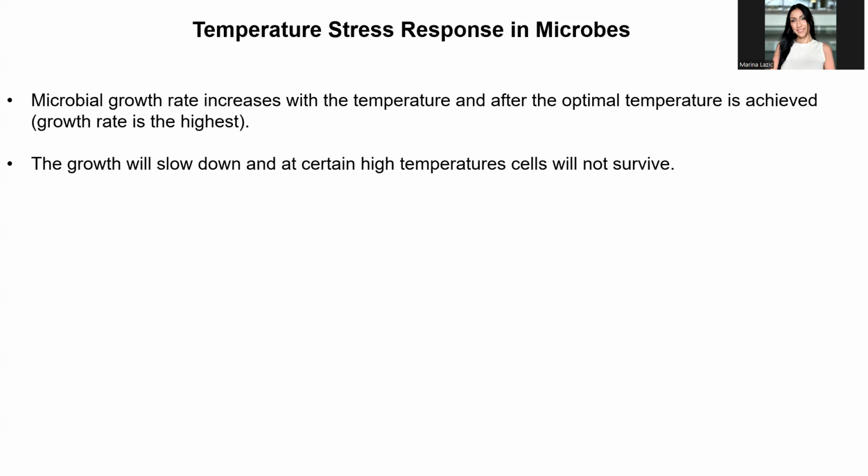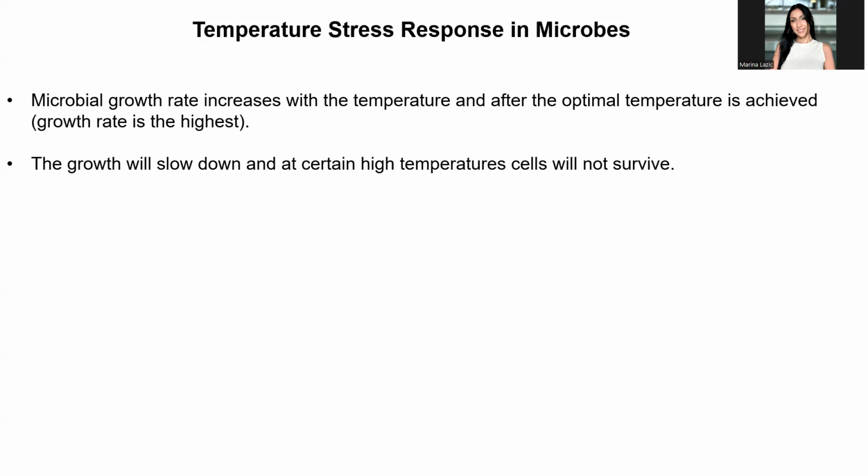But temperature stress is, in my opinion, one of the most significant and most interesting, from both an evolutionary and a physiological perspective. Although pH is also, it's hard to decide. They're all great. So what happens at higher and lower temperatures? As you know, microbial growth rate will increase with temperature, but each microbe has its own specific temperature for growth.